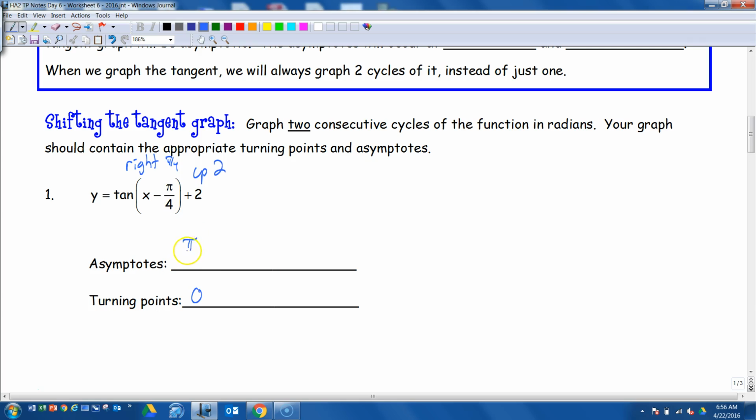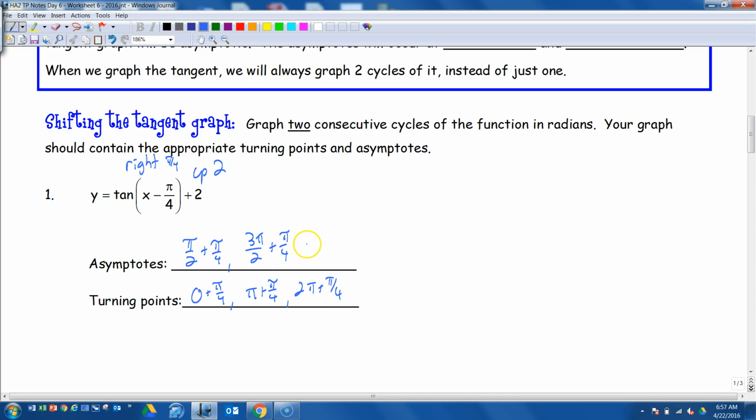So when my asymptote's at pi over 2, I need to add pi over 4 to it. My other asymptote is 3 pi over 2, and I have to add pi over 4 to it. Those turning points, I have one of them at 0, I have to add pi over 4. The other one's at pi, I have to add pi over 4. And the other one's at 2 pi, and I have to add pi over 4. So all I'm doing is taking the original graph and shifting all those special points.